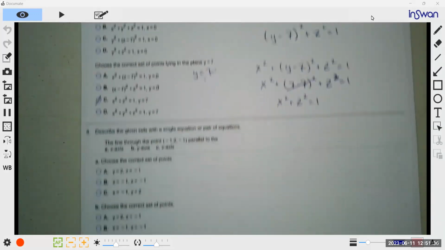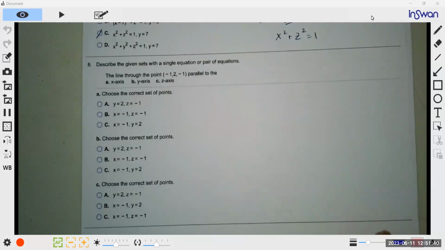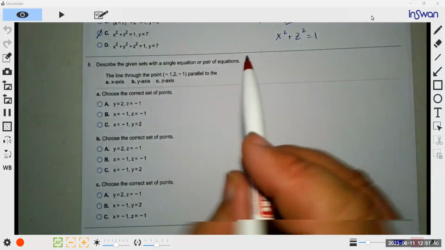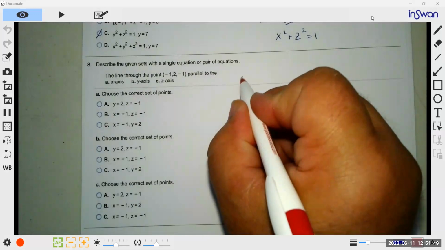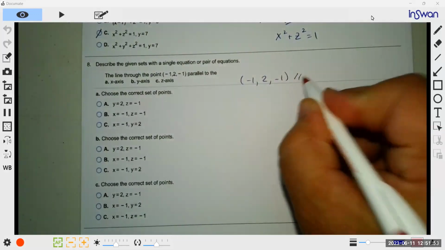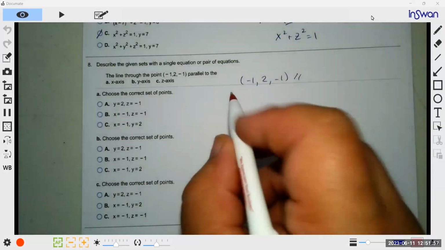So let's look at number 8. All right, describe the given set with a single equation or pair of equations. The line through the point -1, 2, -1 parallel to the x-axis.